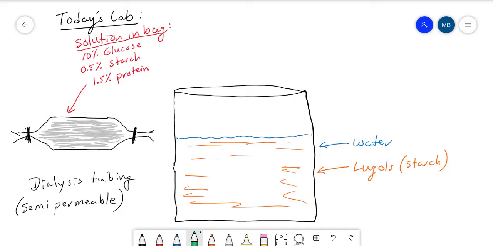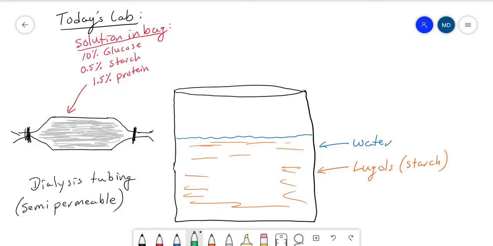Remember that the dialysis bag is a semi-permeable membrane, meaning that the bag has microscopic holes in it that will allow molecules smaller than the pore size to pass through these holes. These would be called penetrating solutes. We then take the bag that's filled and we weigh it to determine its starting weight.